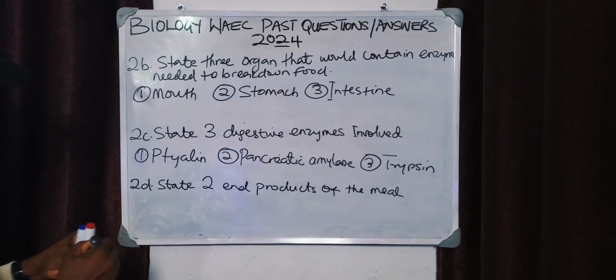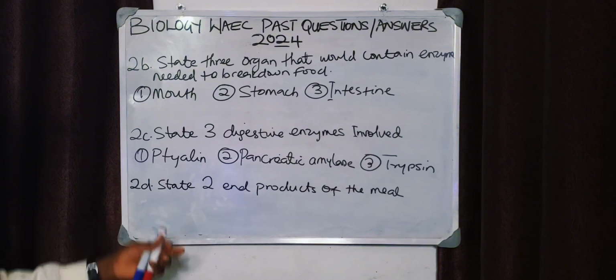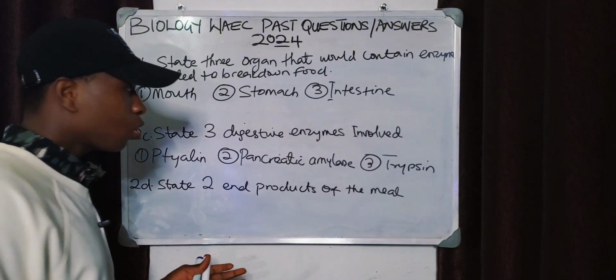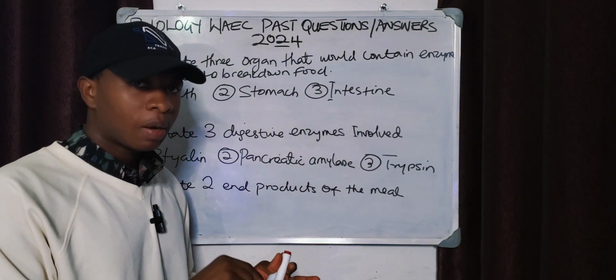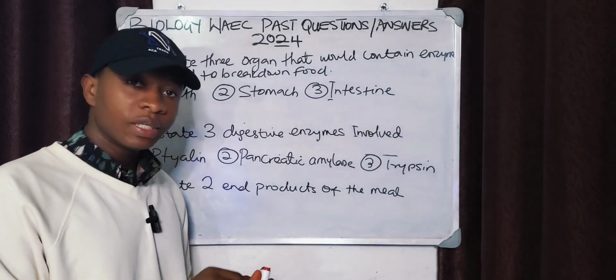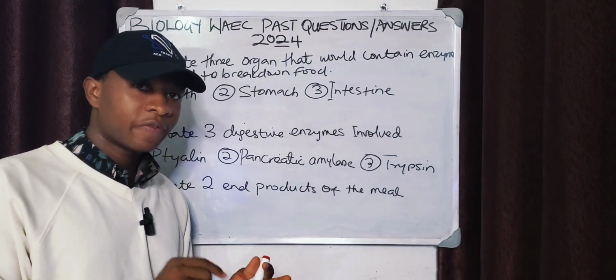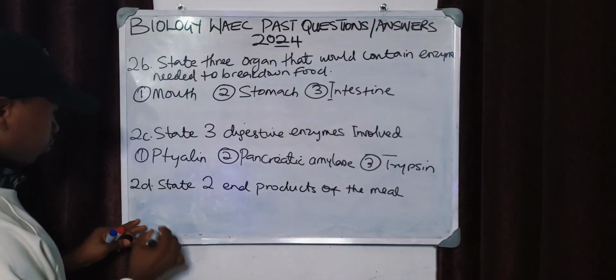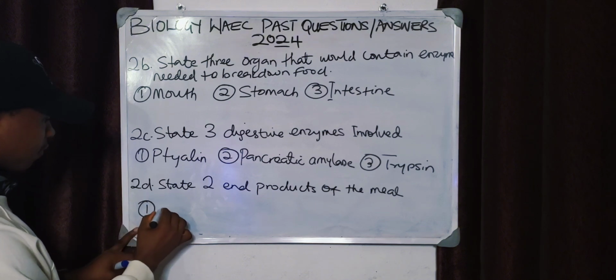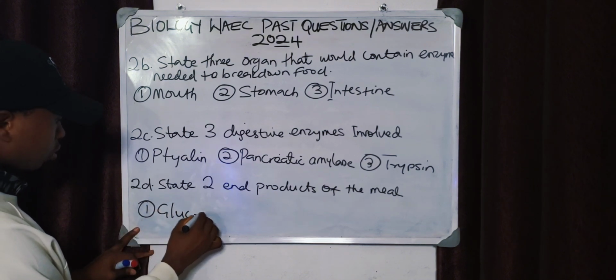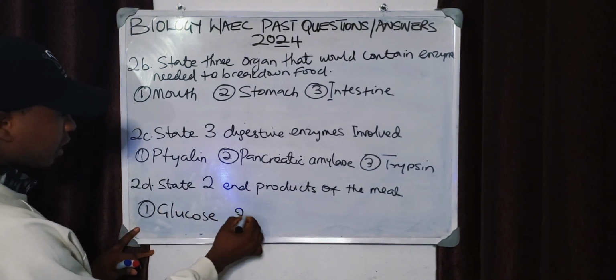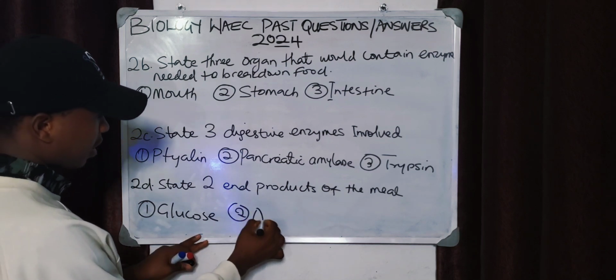Okay, so 2D says state two end products of the meal. Majorly the meal contains carbohydrates and protein, which is from the cassava and the granules. So you would have glucose for the carbohydrate, and two, you would have amino acid.